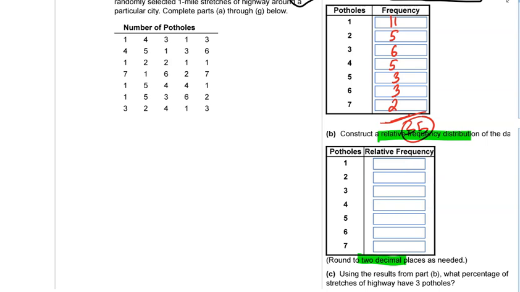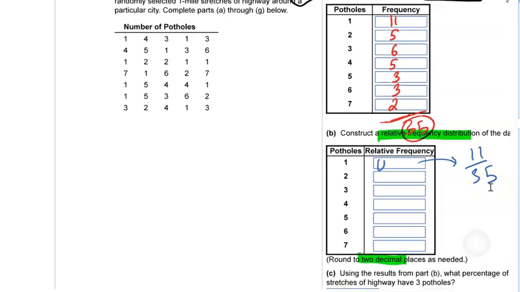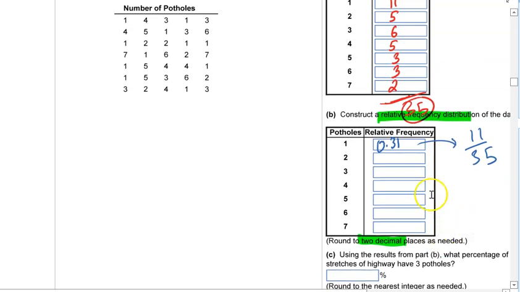The relative frequency of 1 is 11 divided by 35, and rounded to 2 decimal places, it's 0.31.